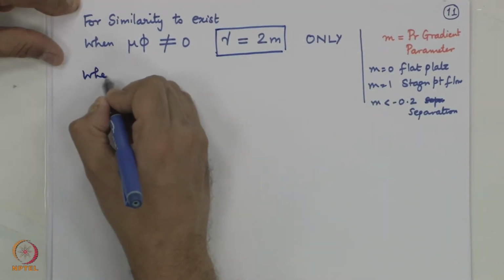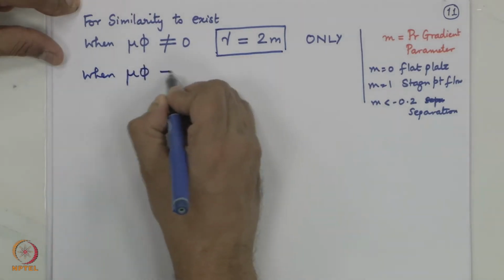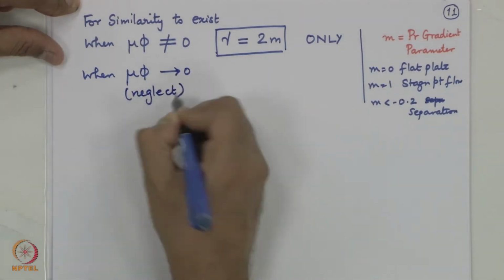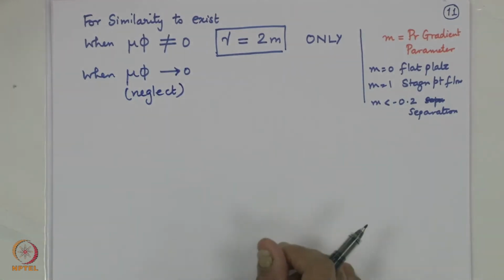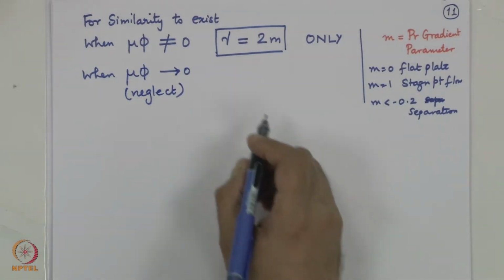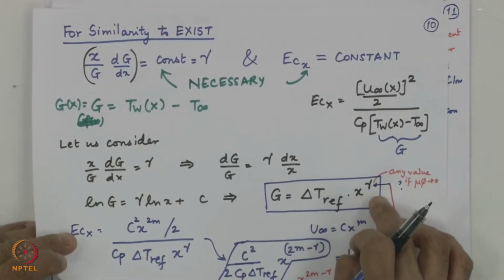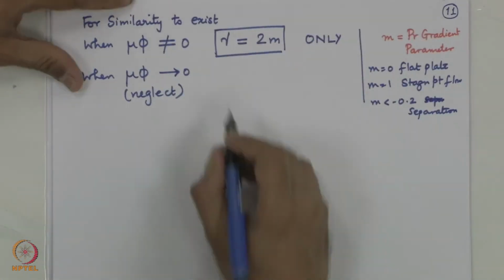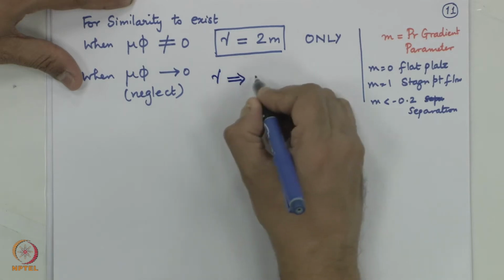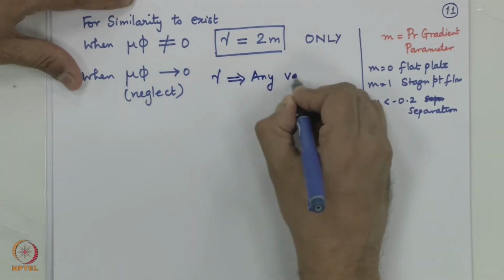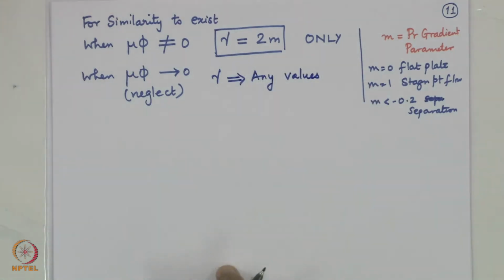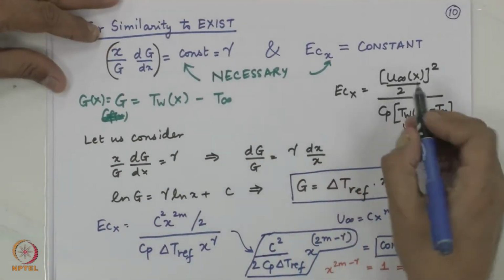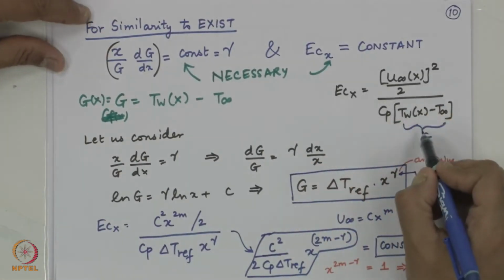If viscous dissipation is equal to 0, or we neglect it, that means you are talking of low speed flows where this is neglected. From this we can say that gamma can take any arbitrary values. And again, we are not saying that u infinity is a constant or T wall is a constant.